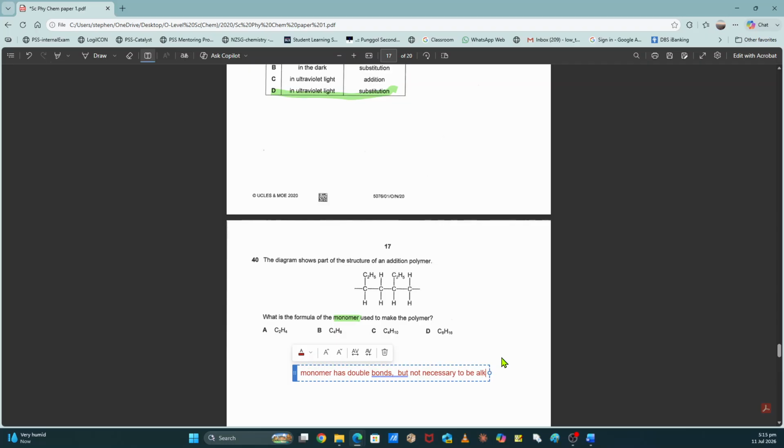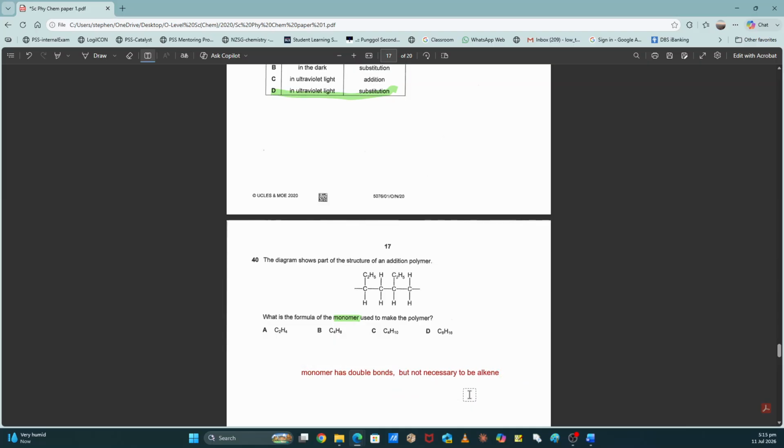Anything that has a double bond, for any molecule that's unsaturated, can undergo addition polymerization. So alkene has a double bond, but not all double bond molecules are alkenes. Just like a dog has four legs, but not all four-legged creatures are dogs.